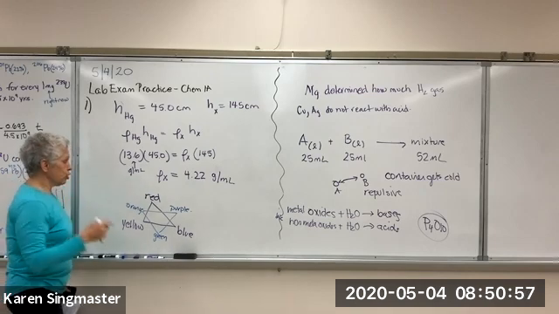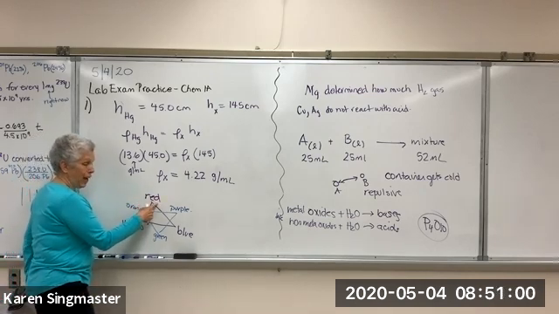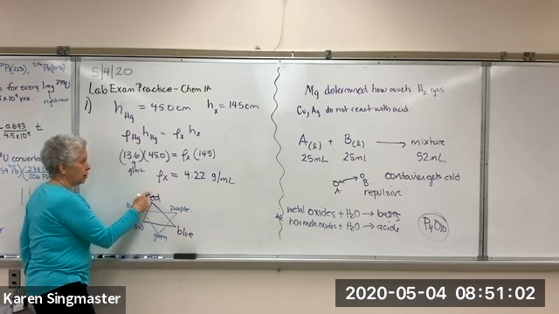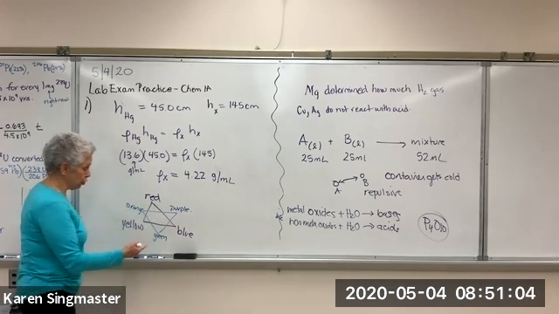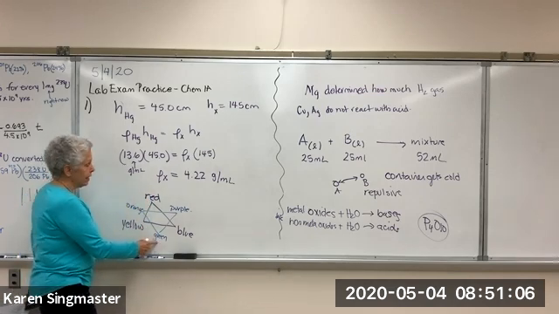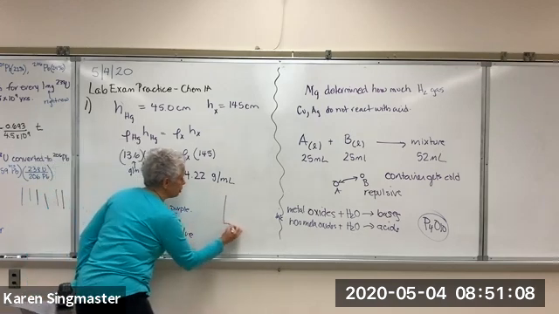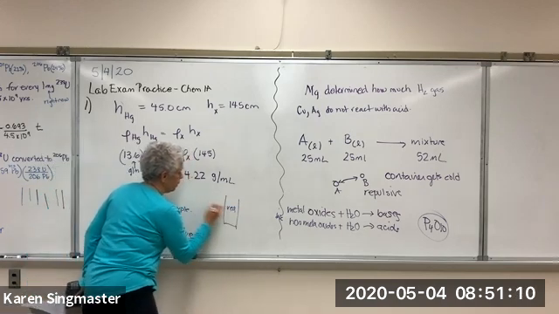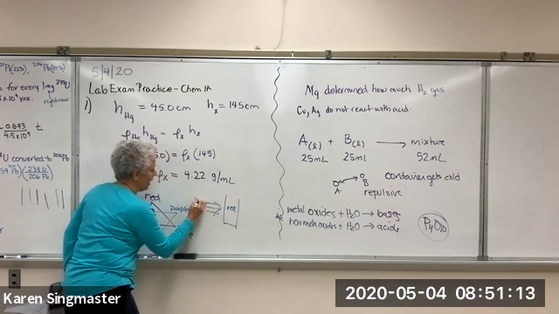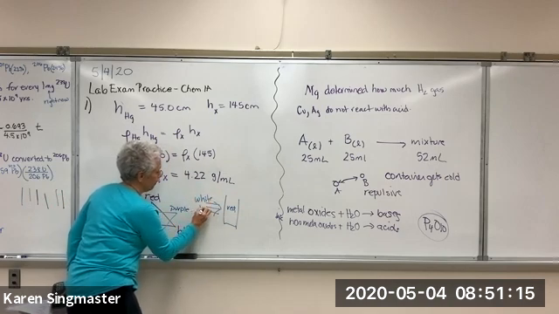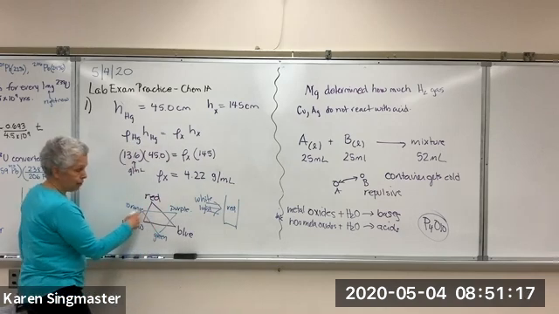So when you see a solution that's red, the color it's absorbing from the spectrum is green, right? So you have a red solution here. You're sending white light through it, right?